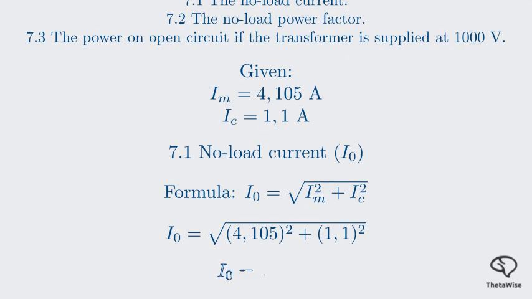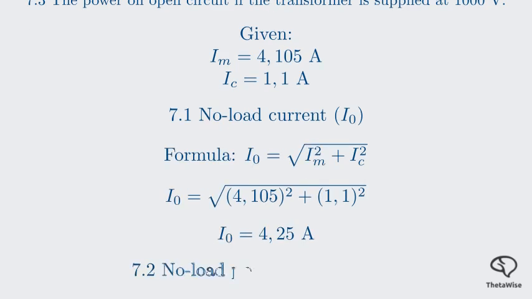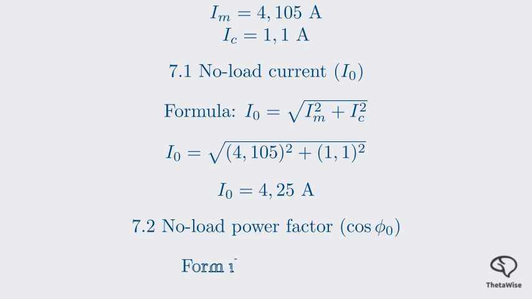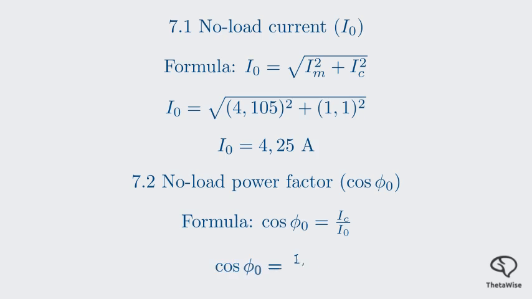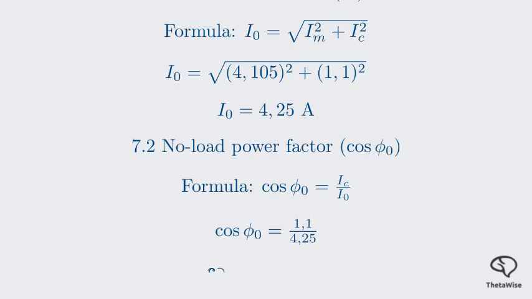Calculating this gives a no-load current I sub 0 of approximately 4.25 amperes. Now for part 7.2, the no-load power factor. The power factor, cosine phi sub 0, is simply the ratio of the core loss component to the total no-load current. So it's 1.1 divided by 4.25, which gives a power factor of approximately 0.259.